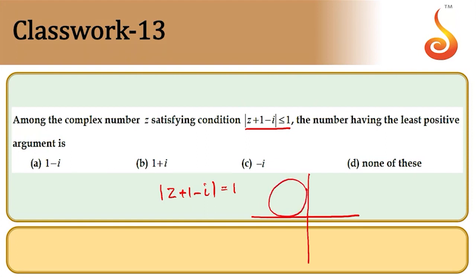This is (x + 1)² + (y - 1)² = 1, so the center of the circle will be (-1, 1). This is the complex number of least argument. This argument is nothing but π/2.